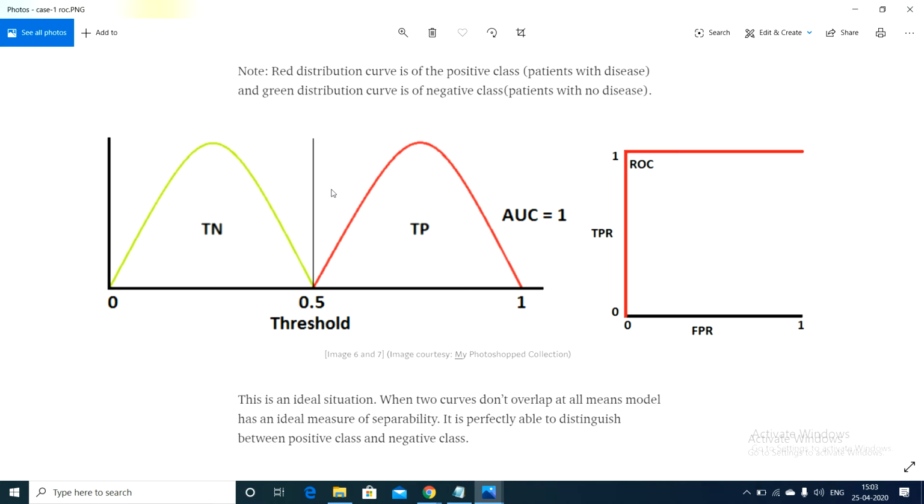Here we are having all true positives and true negatives. If it is class 2, we are getting class 2. If it is class 4, we are getting class 4.